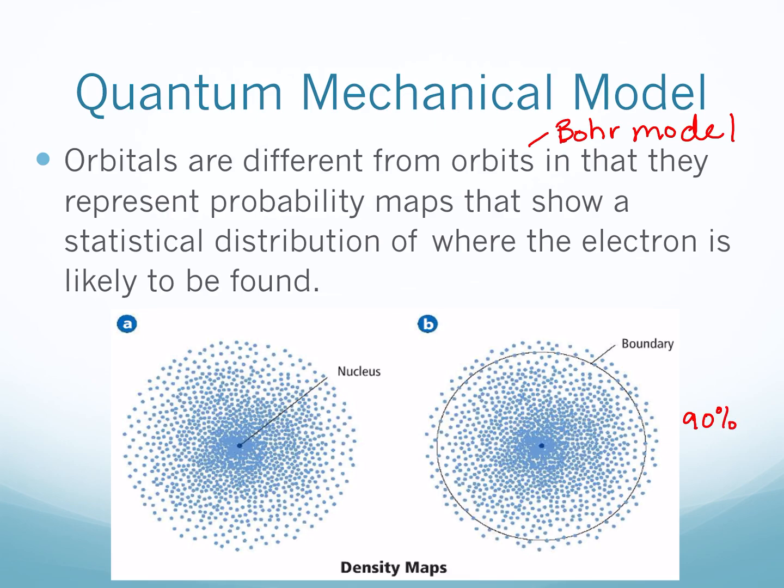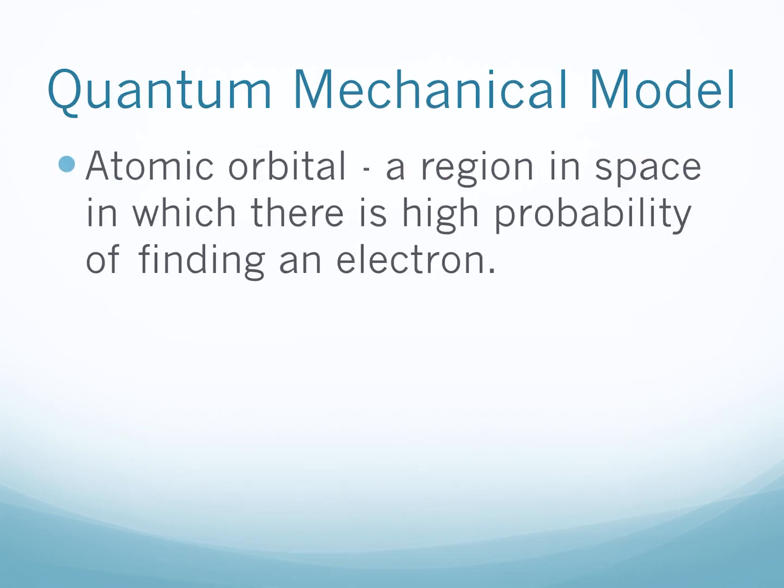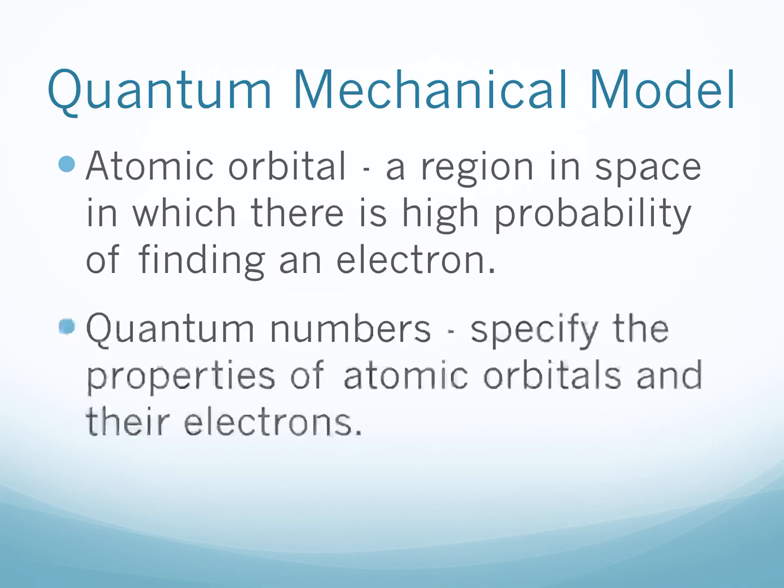Not 100% sure, but it's likely that it will be somewhere in that area. So when we talk about orbitals, it's a region of space where the electron is likely to be found. Atomic orbitals are regions in space in which there is a high probability of finding an electron. Not necessarily that we will find it, but that it's really likely that we will.